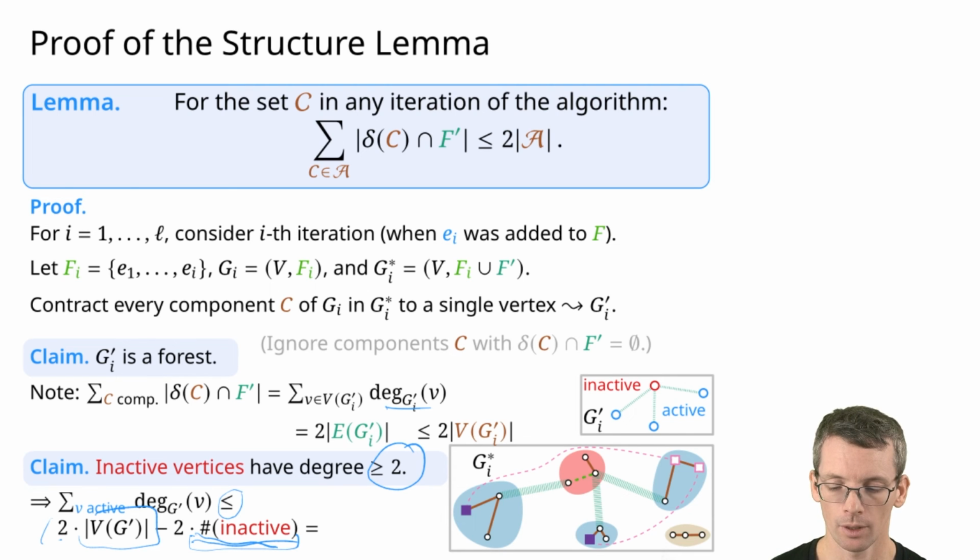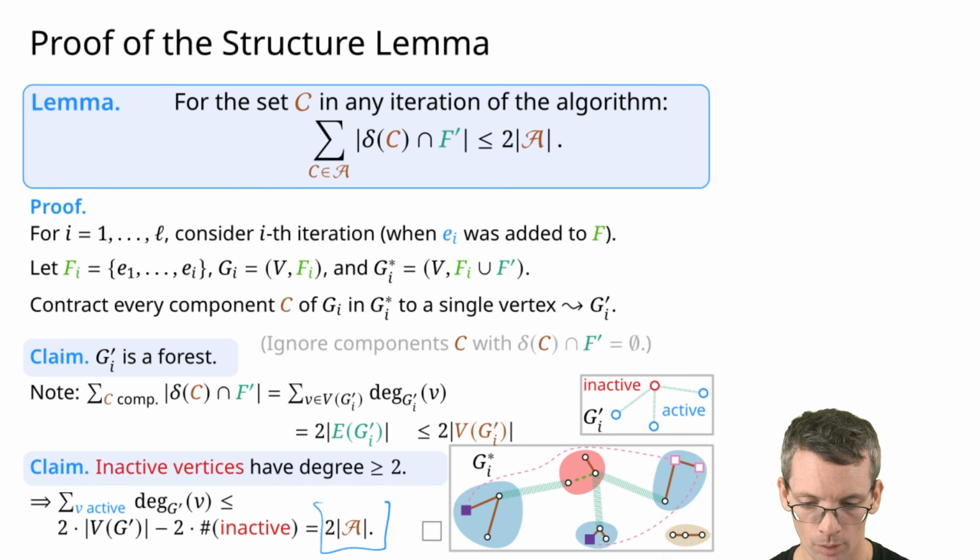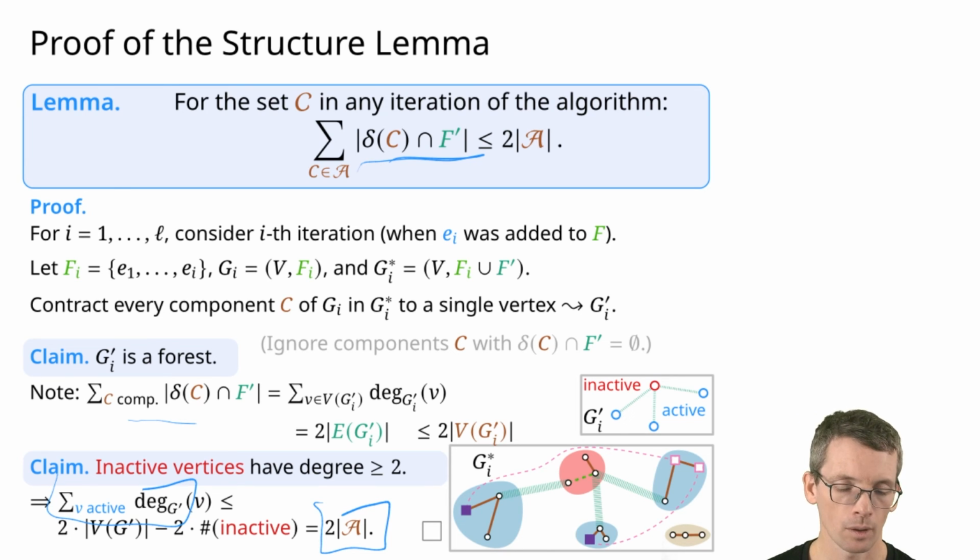Yeah, that is 2 times the number of active ones, and this is 2 times the size of the active set. And this proves my lemma, because this sum of the degrees corresponds to this sum here, and we have now proven that that is at most 2 times the number of active sets.